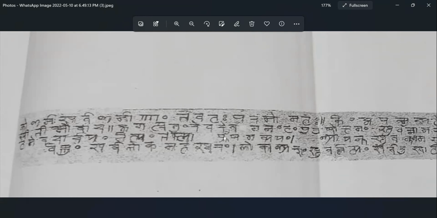Look at Puru here. Purugham? No, no, Purusha. You see, look at Purusha here. It looks like pa, but there is a stroke between. Purusham.